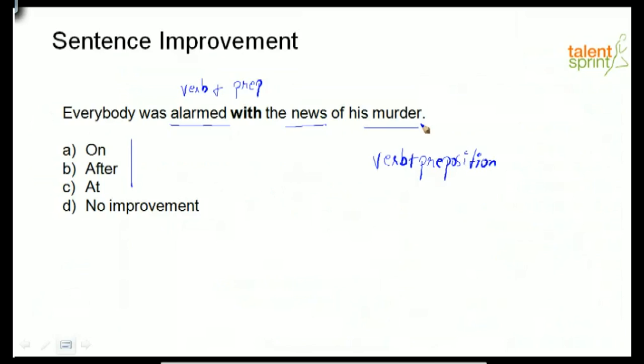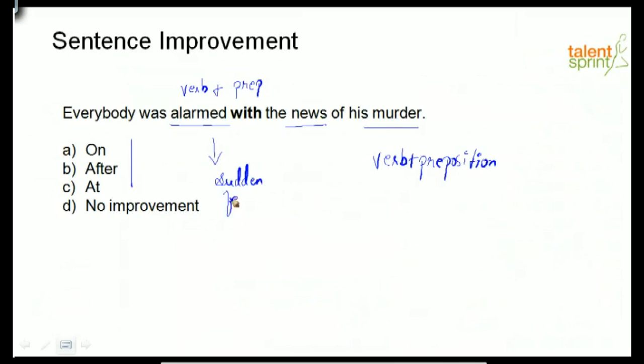That's one way to approach it. And we're also looking at other keywords, understanding the meaning that the context is giving. When I say alarmed, what do you understand by alarm? Alarm means sudden fear or concern.